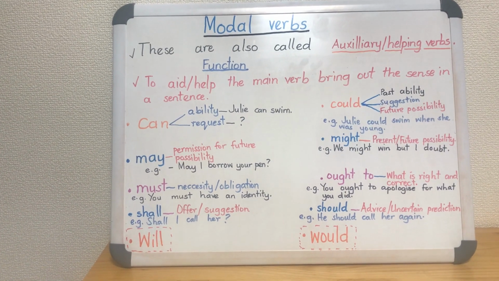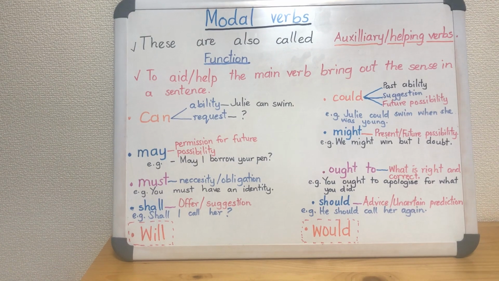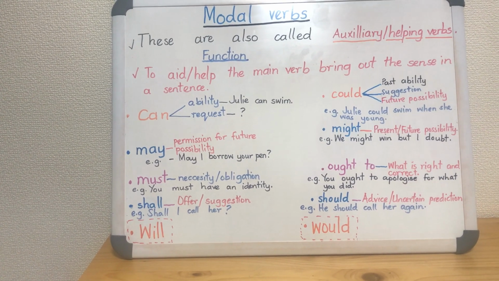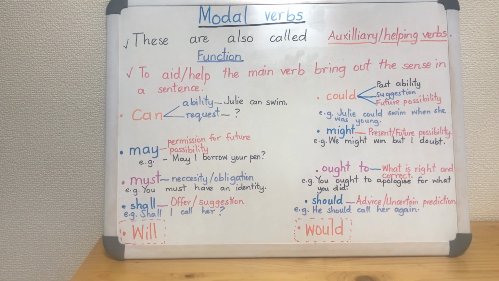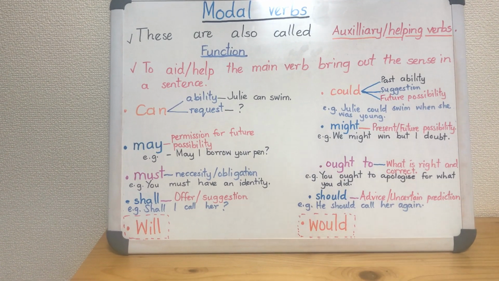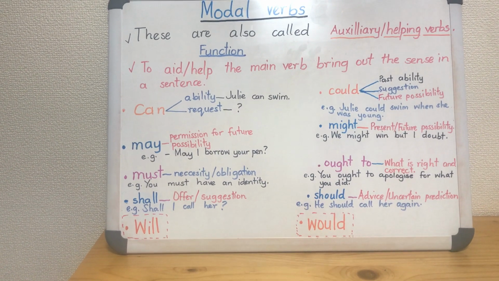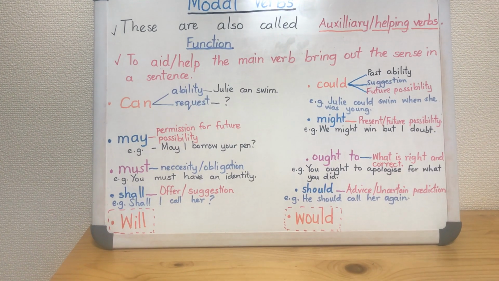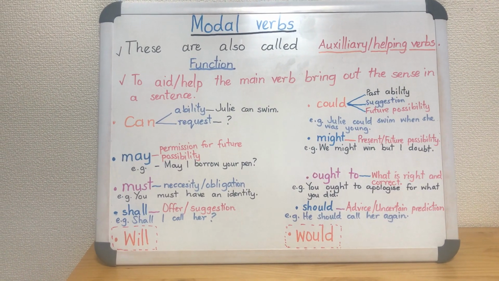I have also given you another task. I have put that pair, will and would. What is the condition for using will, and what are the examples? What are the conditions for using would, and what are the examples?